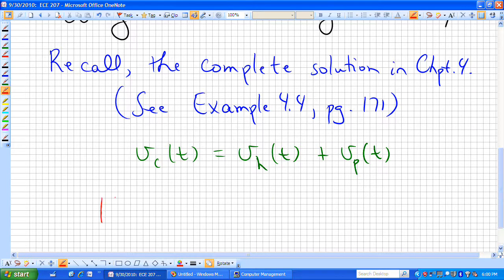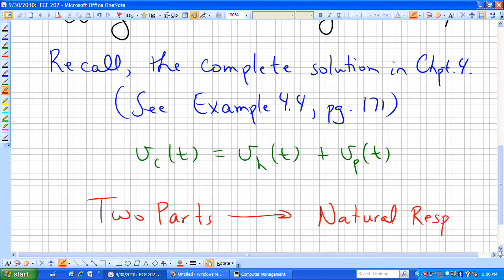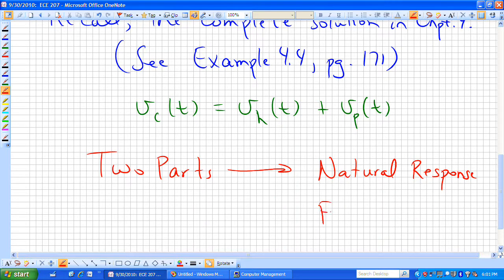Those two parts then we can think of as being made up of the natural response and the forced response.